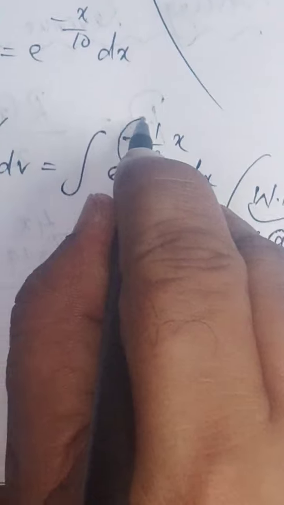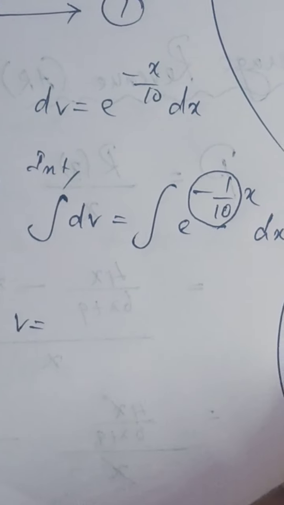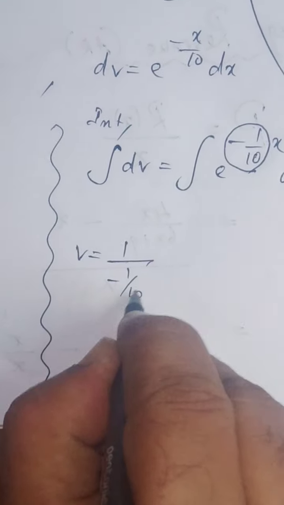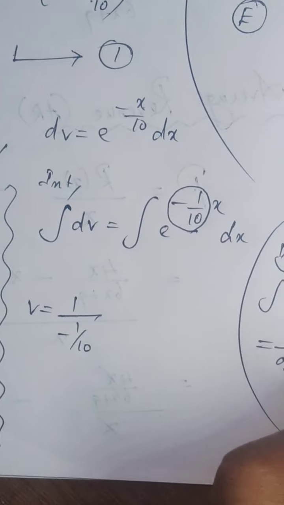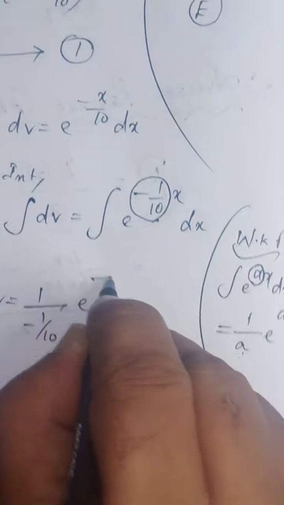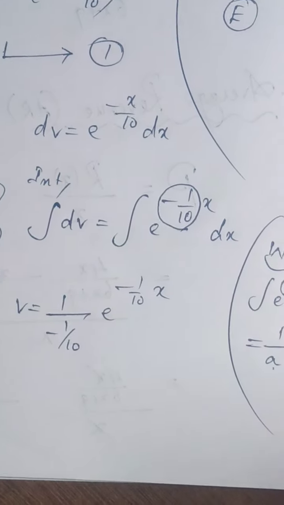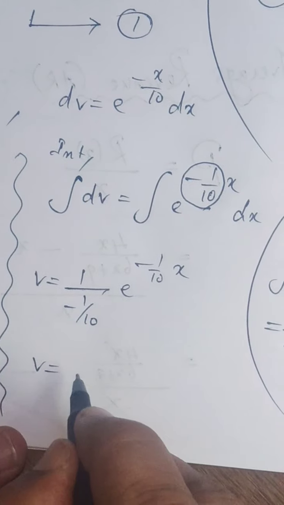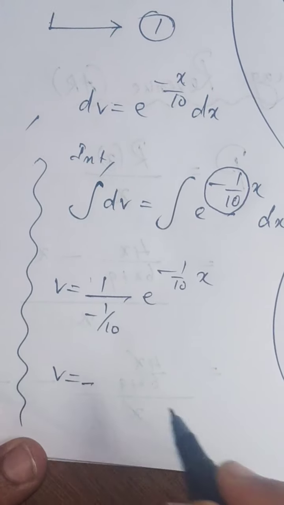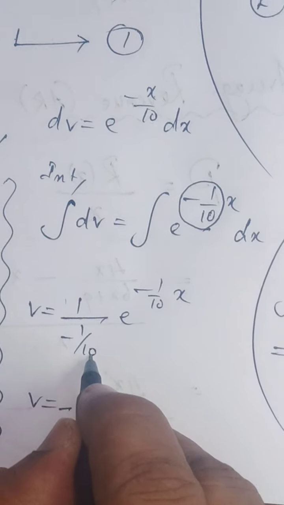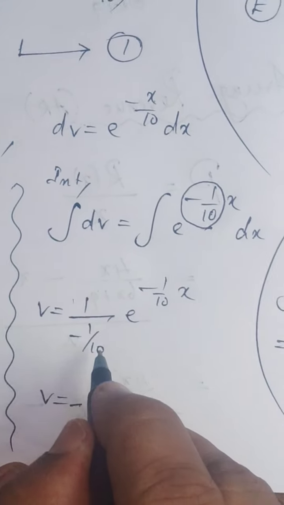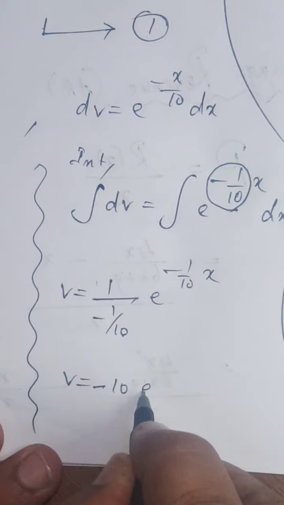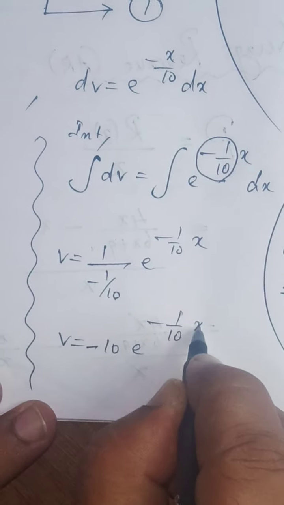Here the a value is -1/10. Remember, 1/a. So e^(-1/10 x). Integration is over. v equals divide by -1/10. When it comes to the numerator, you have to write the reciprocal. The reciprocal of 1/10 is 10, so v = -10 e^(-1/10 x).